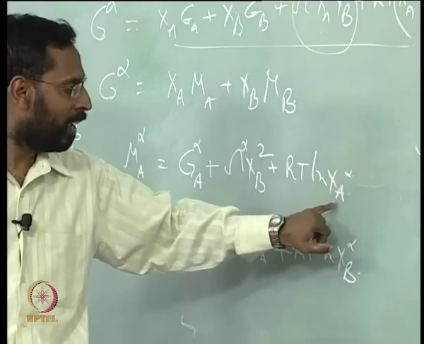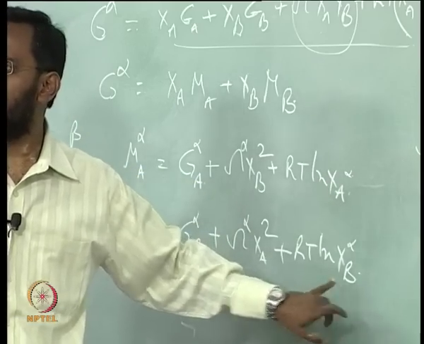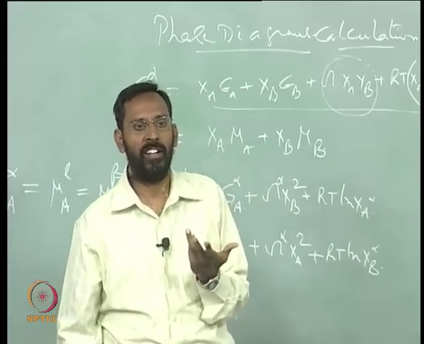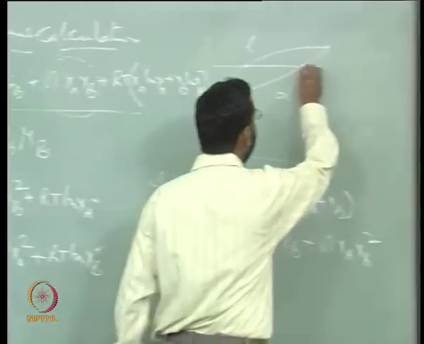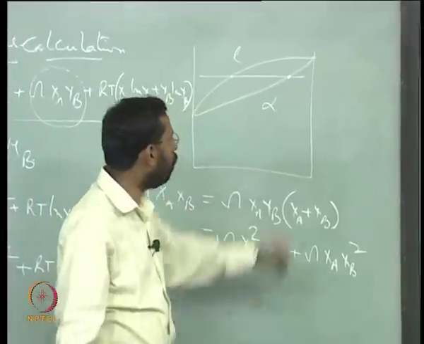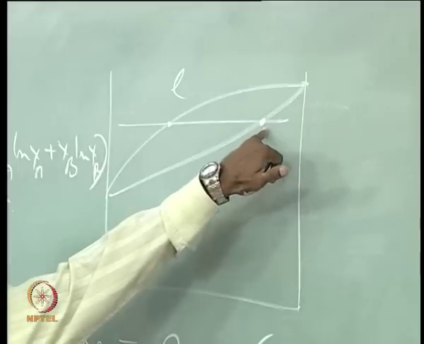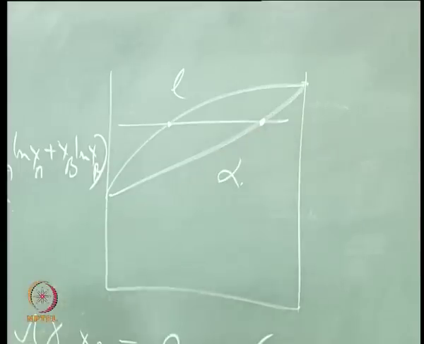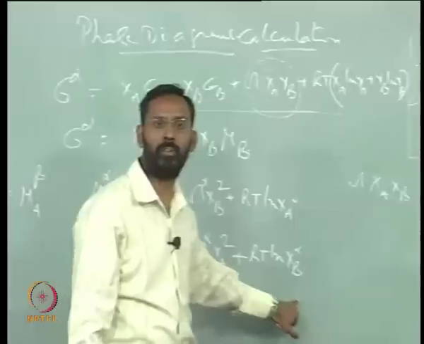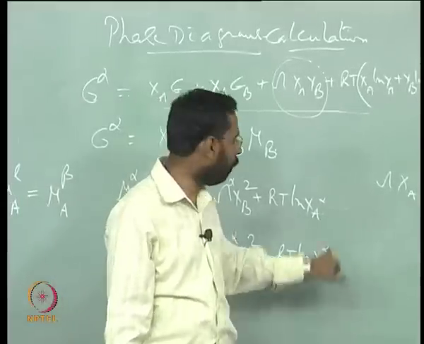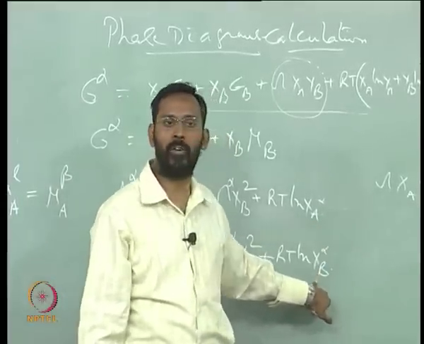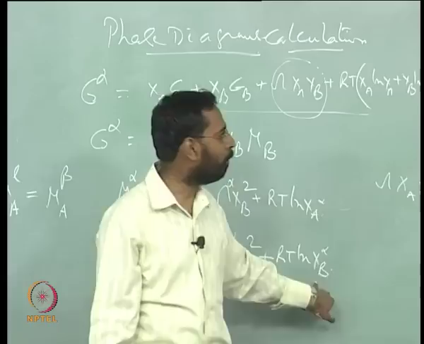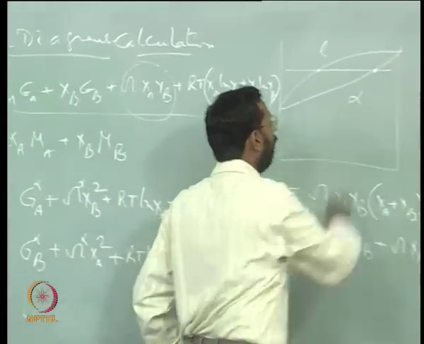Because when I say XA and XB, it is nothing but the composition of a phase. So, for example, if I am talking of this particular point, this point is the composition of alpha. The composition of alpha can be expressed either as XA or as XB, and we know that XA alpha plus XB alpha equal to 1. So once I know that, I can write this like that.